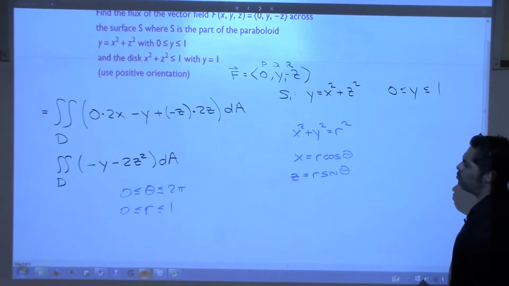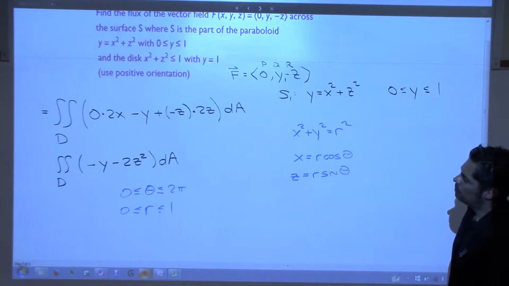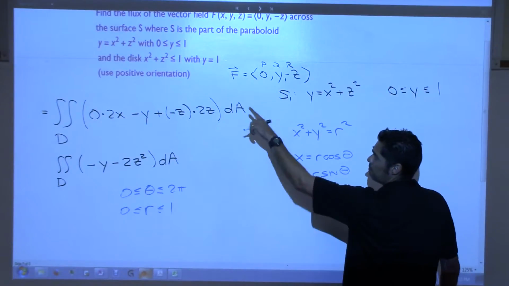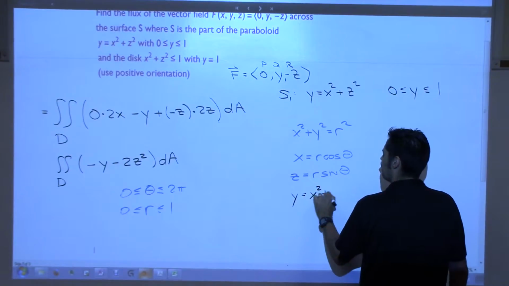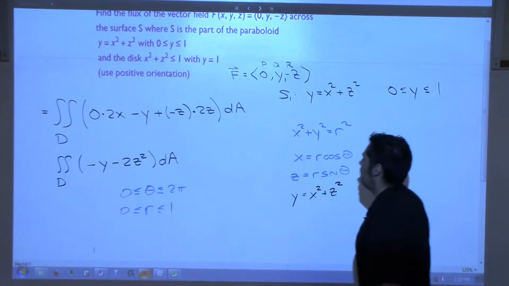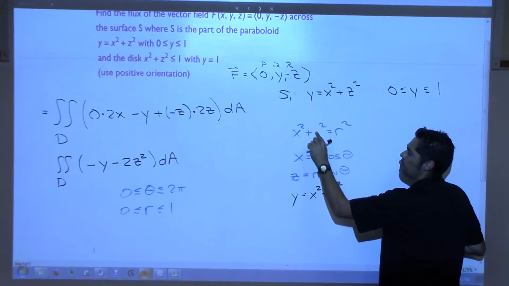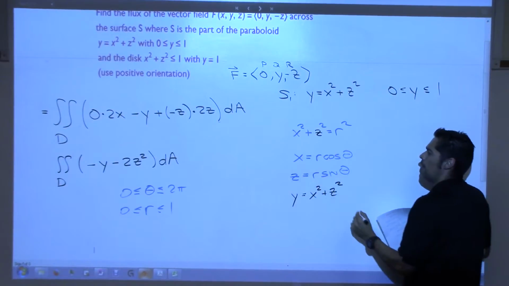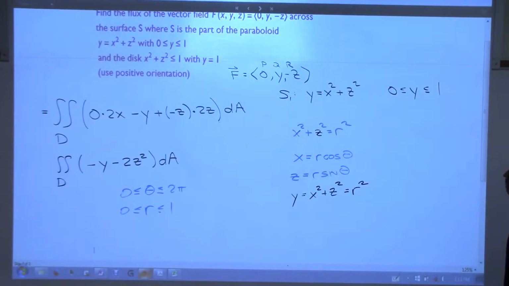And by the way, what is y? Remember that because of the way it's written, y is equal to x squared plus z squared, right? If you live on the surface, that's what y is. And we know x squared plus z squared, sorry, thank you, this should have been z squared, this should be r squared, right? Understand?